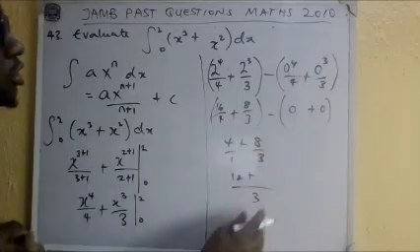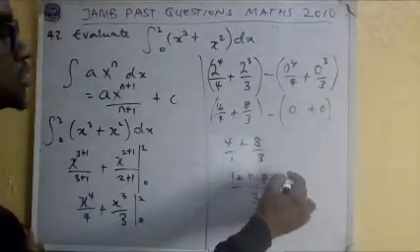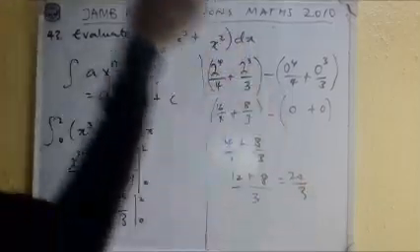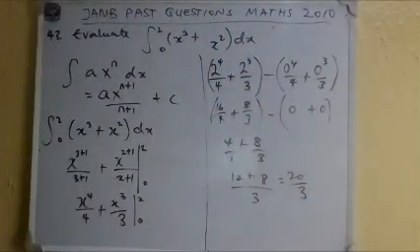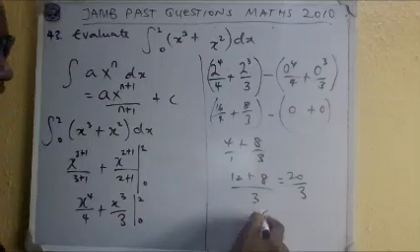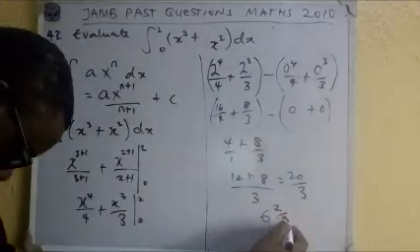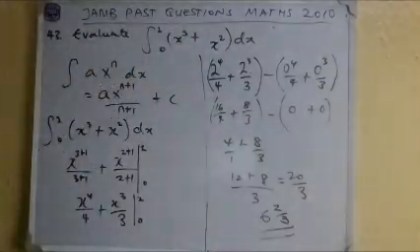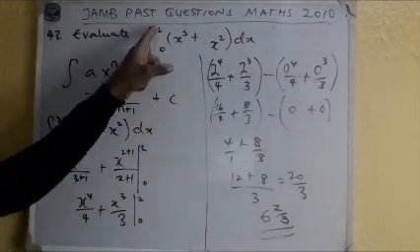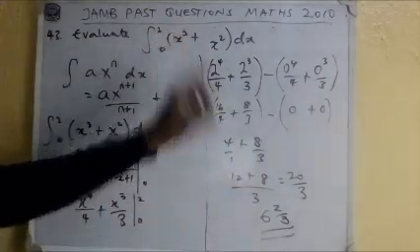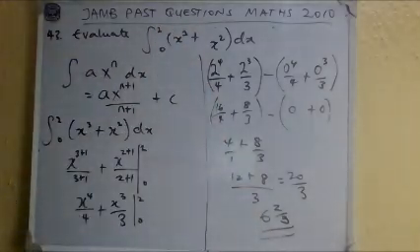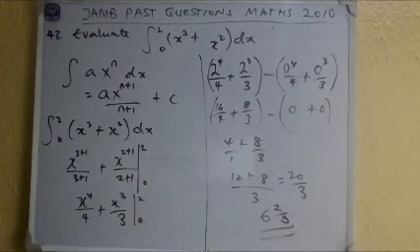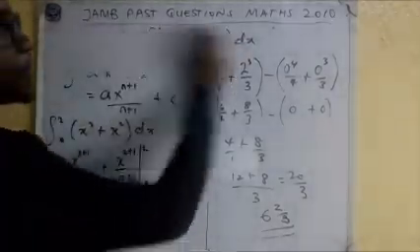Plus 3 into 3 is 1, 8. So this is 20 over 3, or in the options, we have 6 2 over 3. So this is the solution to the integral. When you put the limits here, you're going to get a constant value. Okay? So we go to number 44.